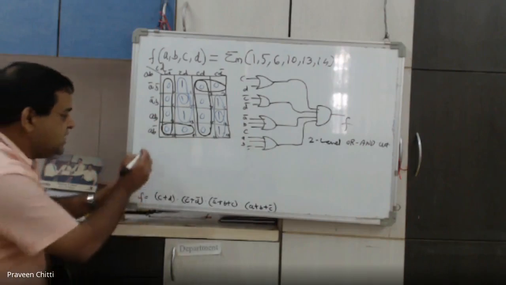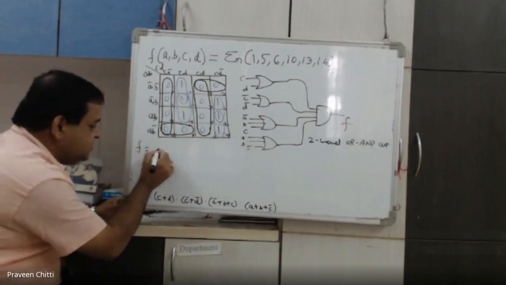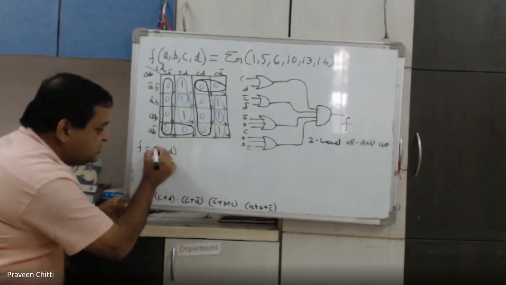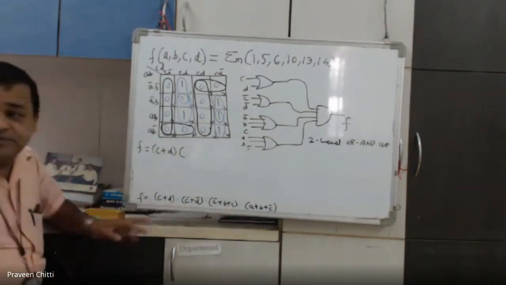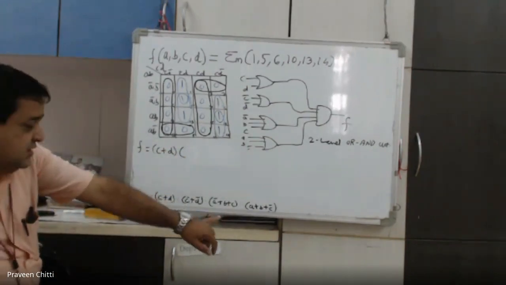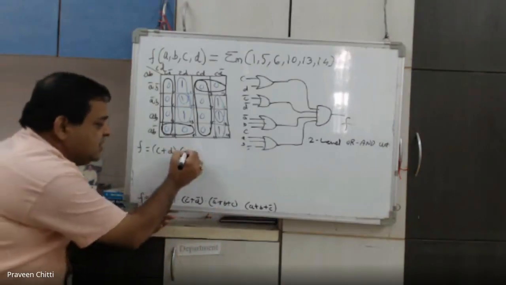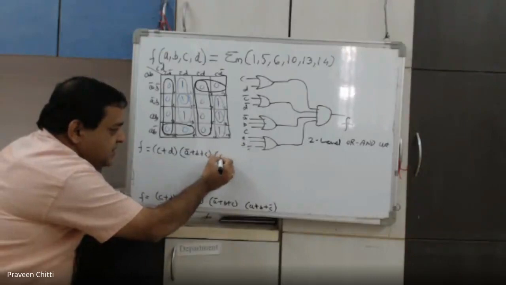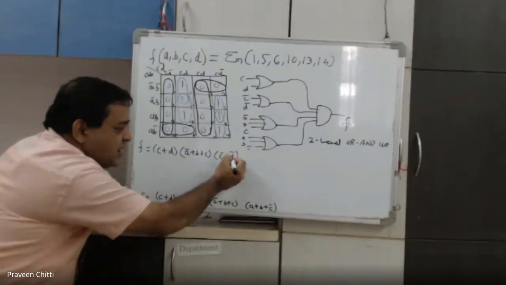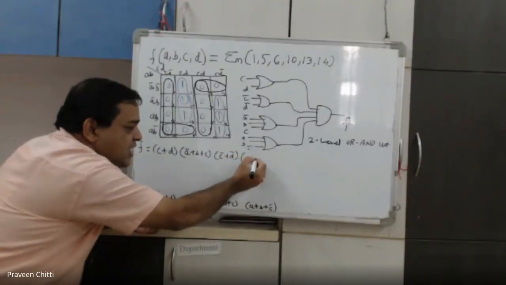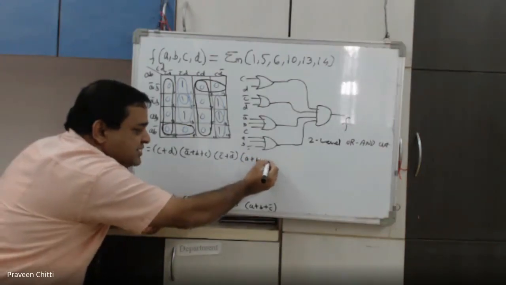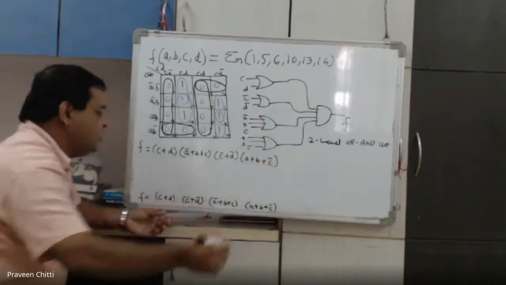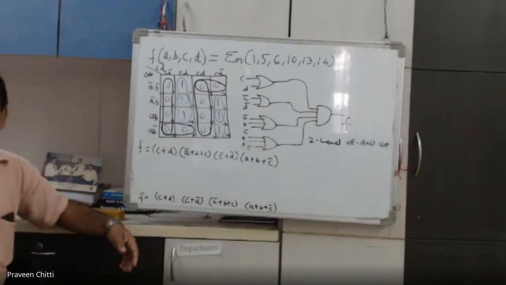So what I do is, I will write this equation: C plus D, one term, which I will multiply with the first term, A bar plus B plus C. And then I write C bar plus B bar into A plus B plus C bar.